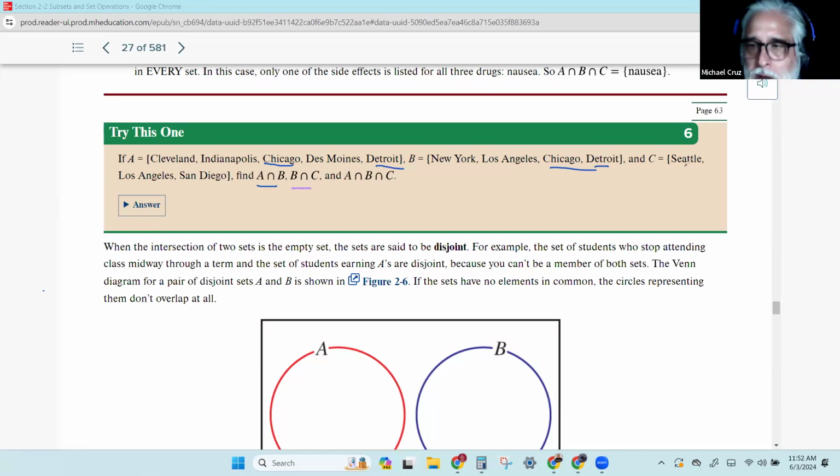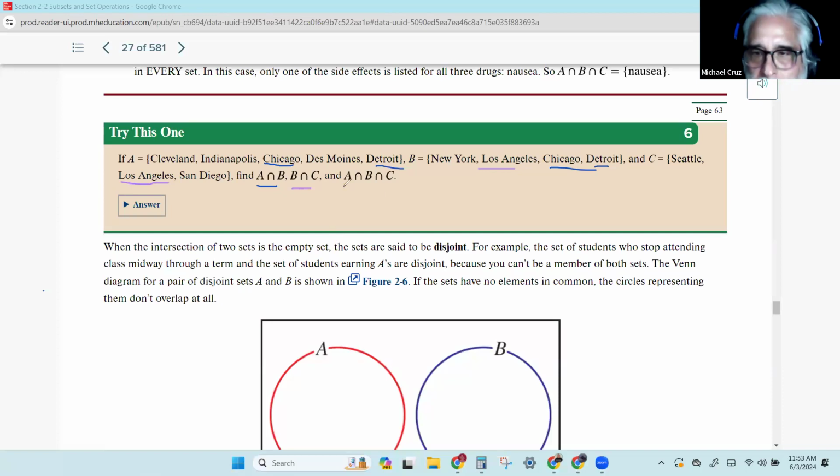It looks to me like the only thing that's common between B and C is Los Angeles. Right? Make sure I'm right, because sometimes I do silly stuff. Los Angeles is the only one that's common, because New York is only in B, Seattle's only in C, Chicago and Detroit are only in B, and San Diego's only in C.